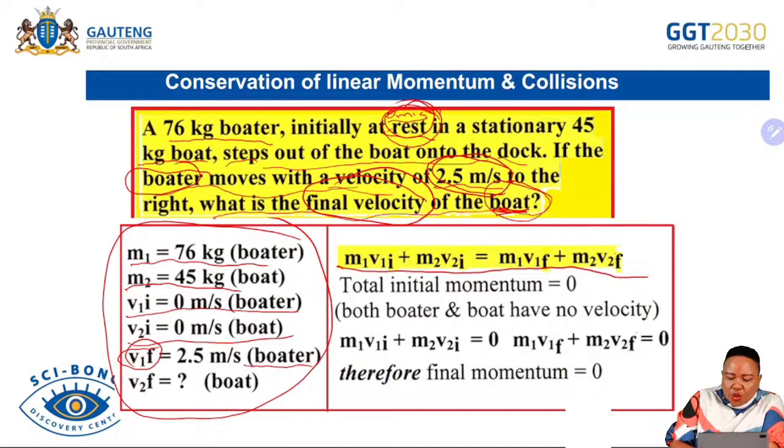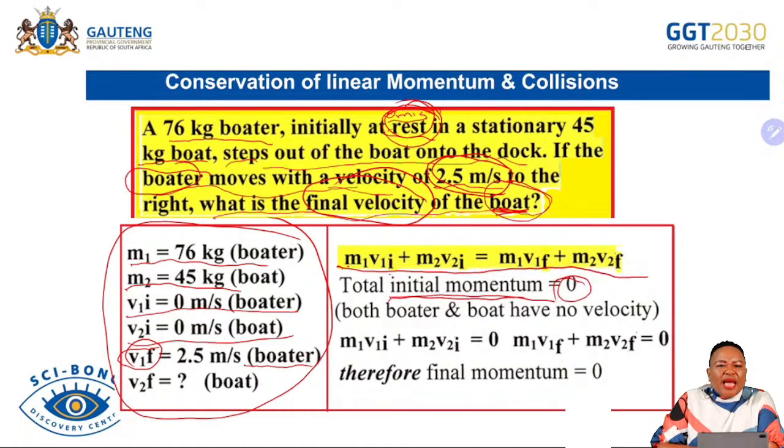We look at the initial momentum, which is m1 v1 plus m2 v2, and both the boater and the boat were stationary.